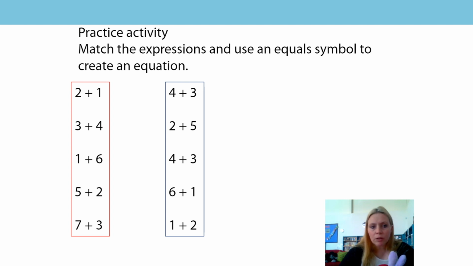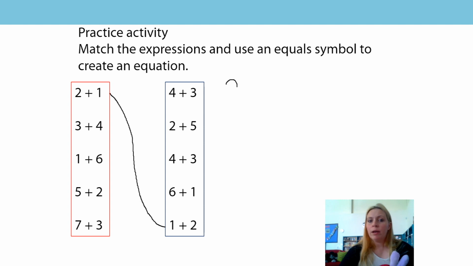So the first thing I'll do, and you might have a ruler to make it a little neater if you're writing them out, is I'm going to join them up. But remember, I'd like you to create the equation.